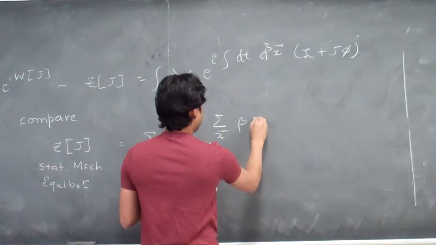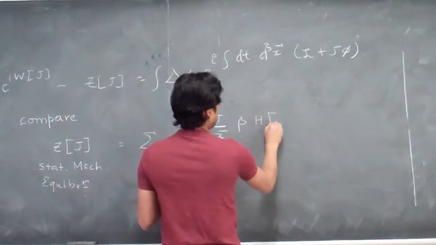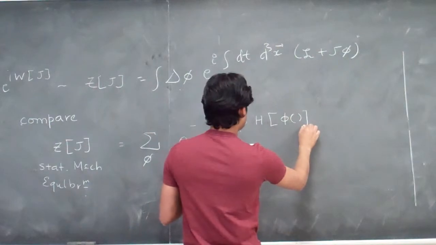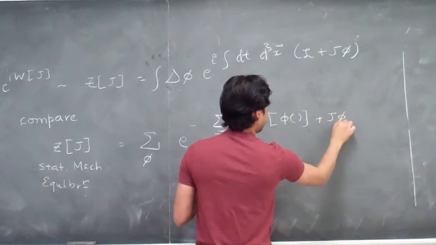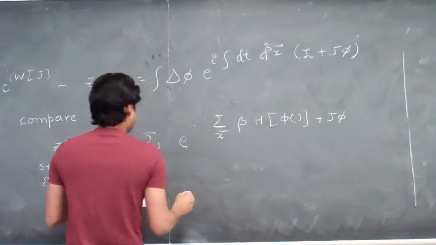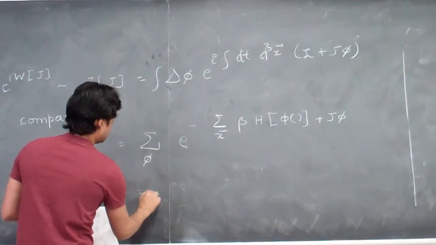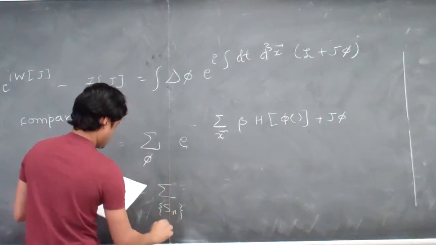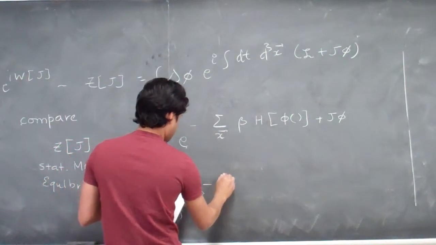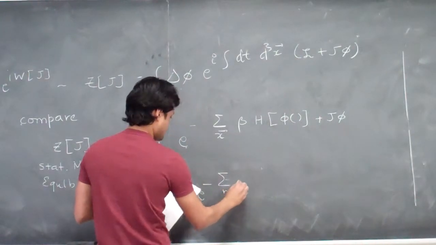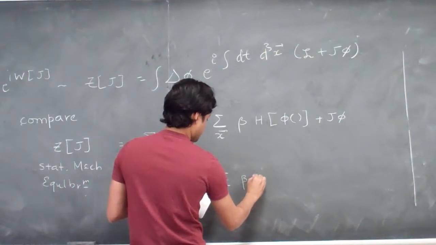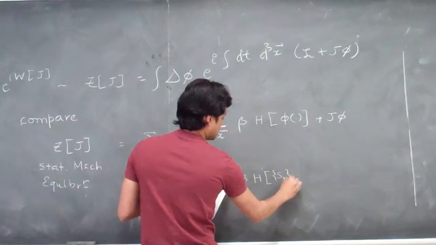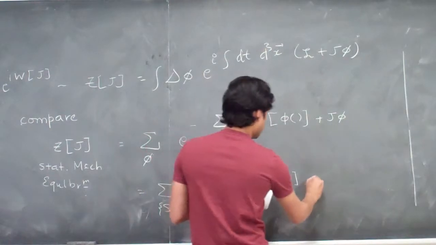Beta h of phi, or in a more familiar form, so the thing you are imagining here is the following.